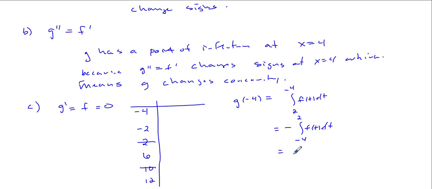Well, -4 to -2, that looks like -4, right? From -2 to 2, that looks like 8, but I forgot to put the negative out in front. So that would be 4, and then the opposite of 4 is -4.